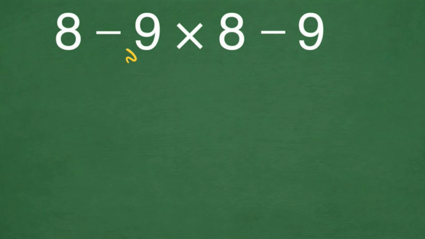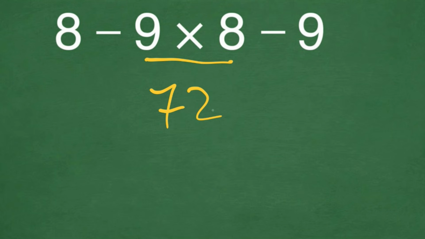So in this equation, we have 2 subtraction and 1 multiplication, and we have to do the multiplication first, right? So 9 times 8 gives us 72, right?